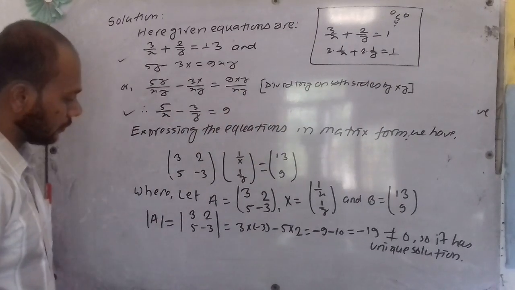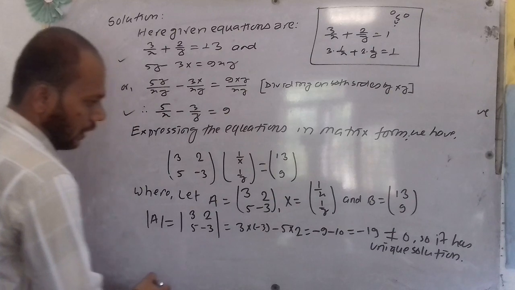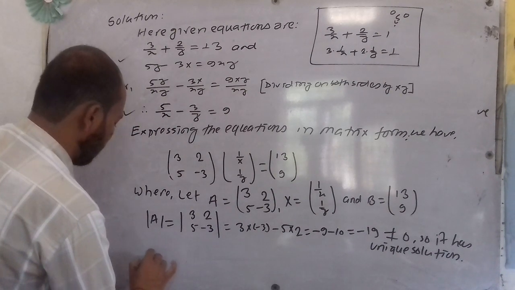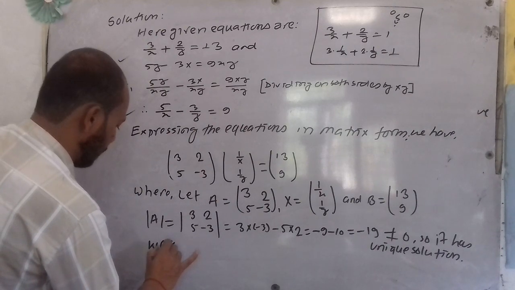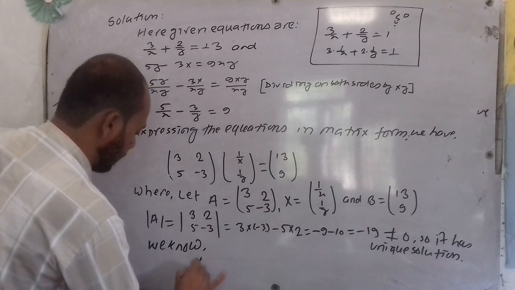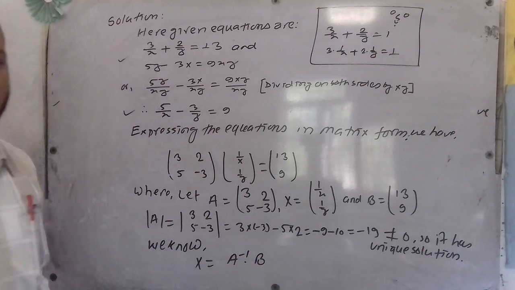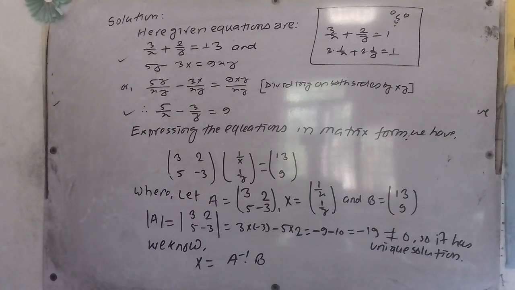Okay, and after finding the determinant of A, we note that X = A inverse B. This is the formula to find the matrix X. Write it down.